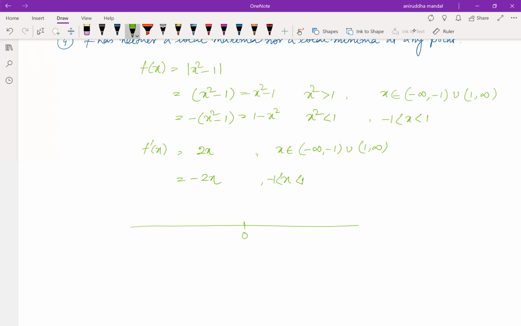Now for f dash x, two other points are also given. This is minus 1 and this is 1. For all values of x greater than 0 there must be a positive number, and for all values less than 0, so the point is say minus 1.